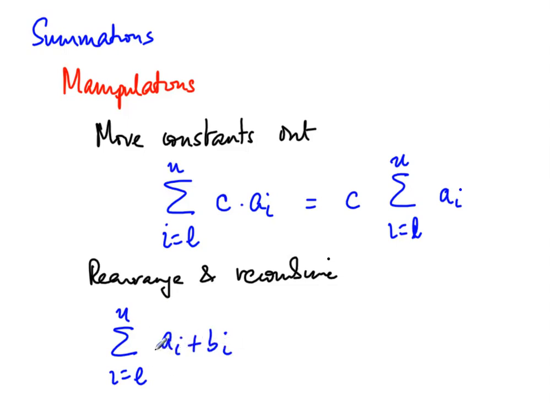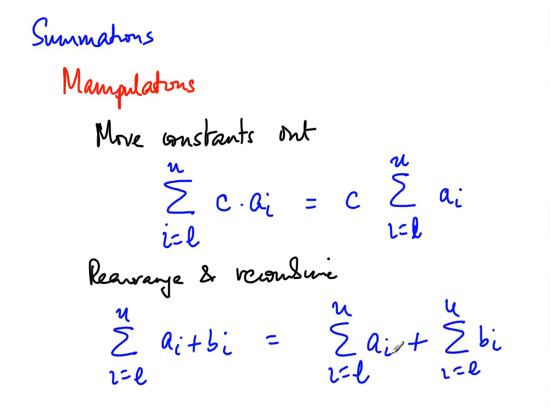So we can keep all the A's together, all the B's together, and this would be equivalent to i equal to L to U of A_i, and then separately i equal to L to U of B_i. So you can add up the A_i separately and the B_i separately just by rearranging and reorganizing these sums, and you will get possibly two simpler sums. And needless to say, this would work also for minus. So supposing this had been A_i minus B_i, then you would have summation of A_i minus the summation of B_i.